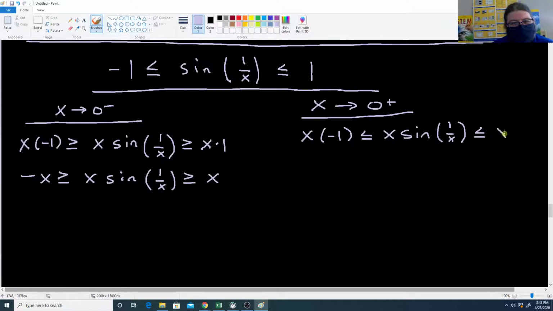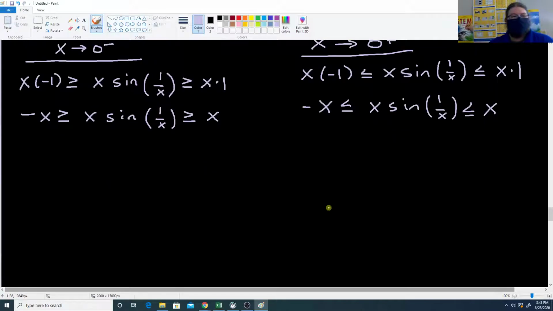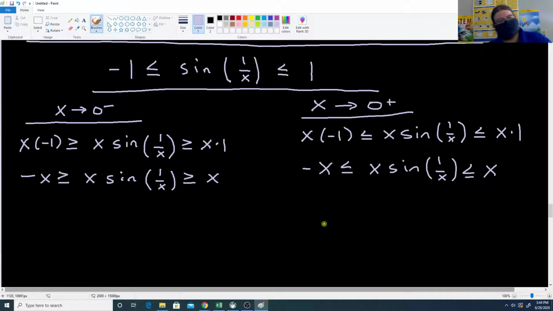So x is now positive because we're approaching 0 from the right. So we get negative x is less than or equal to x sine of 1 over x, which is less than or equal to x itself.